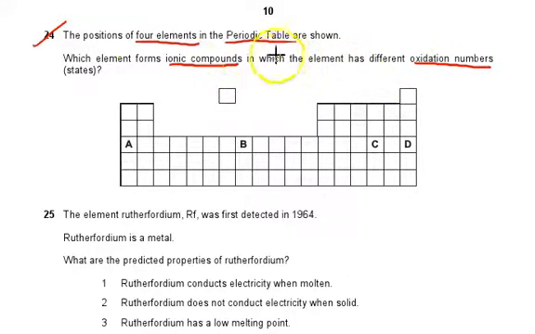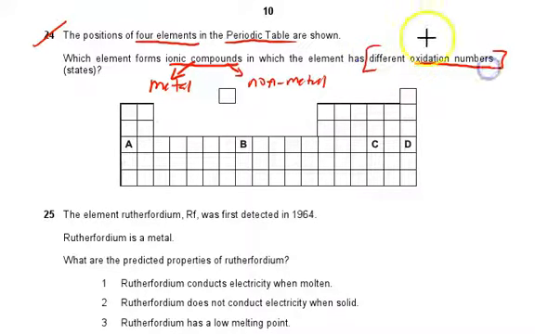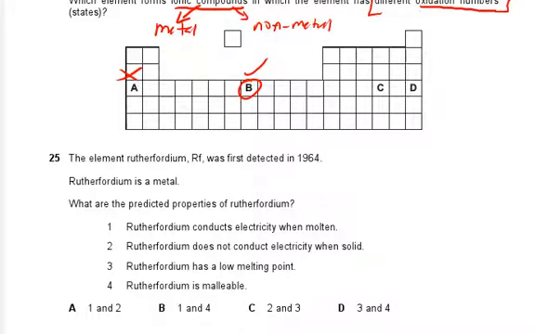If it's an ionic compound, you need one metal and one non-metal, and if it has different oxidation numbers, this one should be a transition element, so it cannot be A. So your best answer here should include B. Okay, only B.